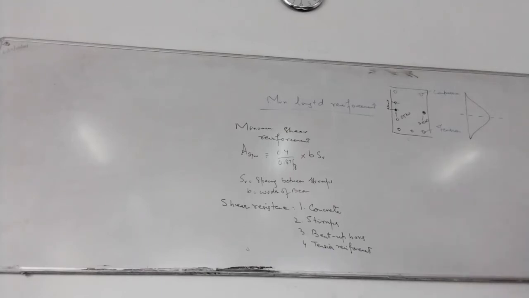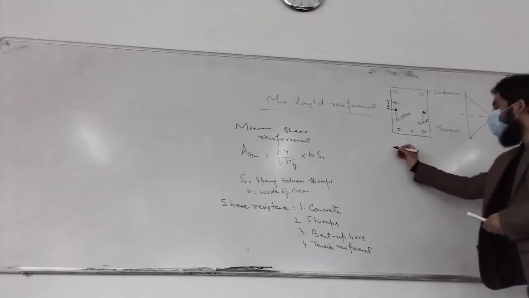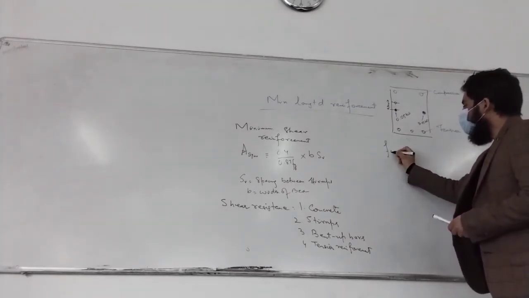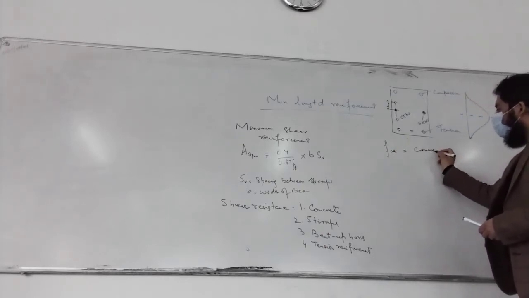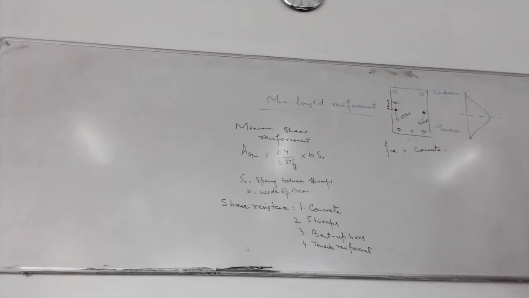So if you know fck for a concrete, then you know its compressive strength. Shear strength of concrete itself will be based on its compressive strength. There is always a relationship between the two.